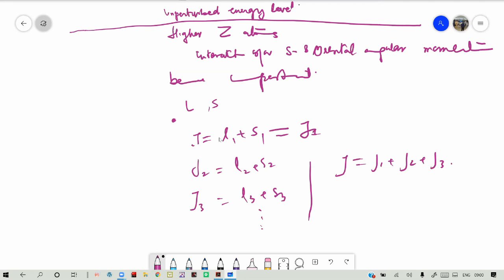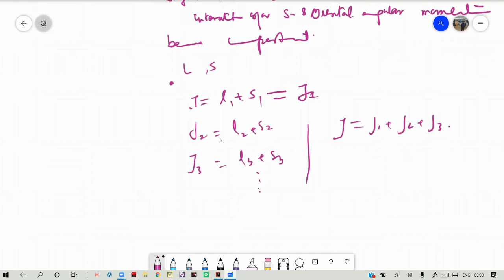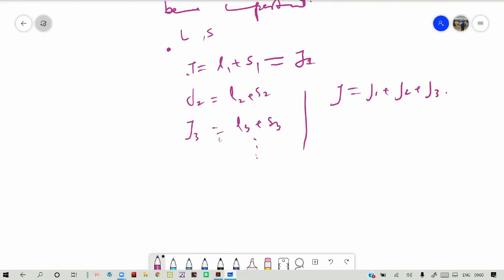So in this case, we have to treat them individually, and we have to calculate the total angular momentum individually. That is why we take the total angular momentum J equal to J1, J2, J3. In the earlier case, these contributions were negligible, almost insignificant. They were not of much magnitude as compared to the spin-spin and electrostatic residual interactions.